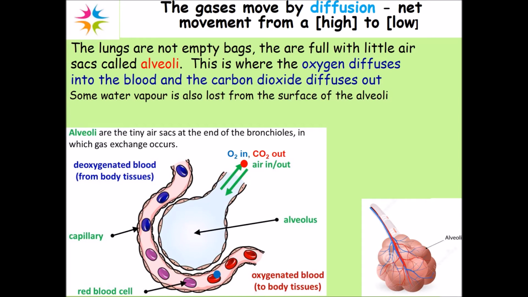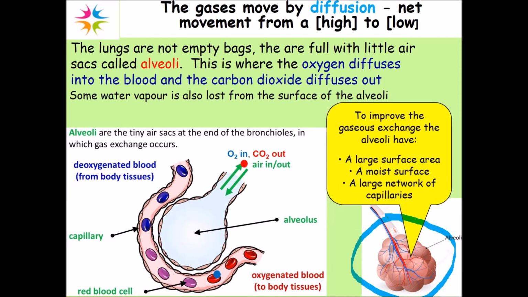Now, if you look at this picture on your right, you can see that the alveoli is covered with lots and lots of blood vessels, and this helps gas exchange to take place. So you have a large surface area and a moist surface in order for gaseous exchange to take place.